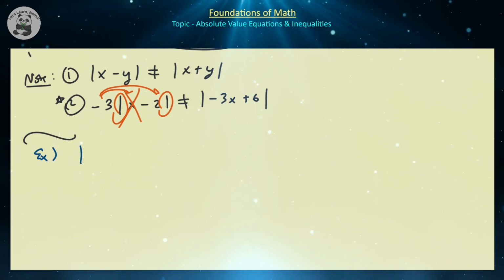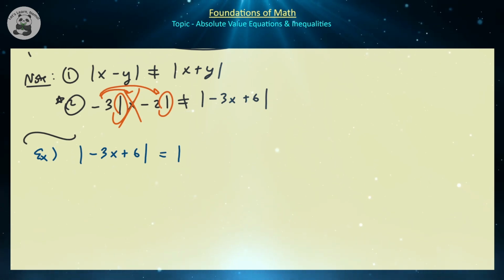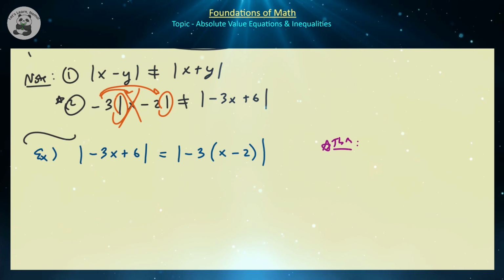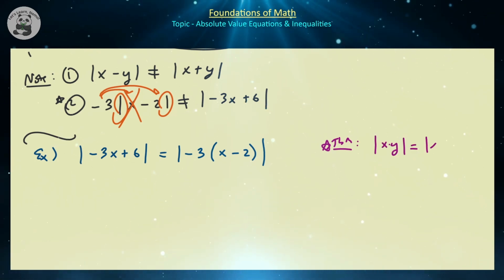The absolute value of minus 3x plus 6. So what exactly is this equal to? So if I don't want to deal with this expression, I can probably factor out a minus 3 out of the interior, giving us x minus 2. And what I can do, because there's one theorem that is true for absolute values, and that's the absolute value of x times y is actually equal to the absolute value of x times the absolute value of y. That's a fun exercise to prove.